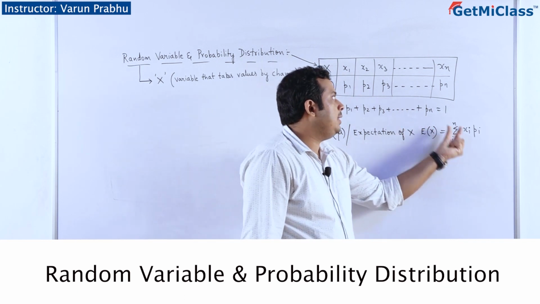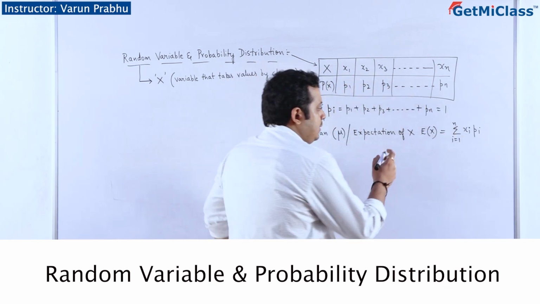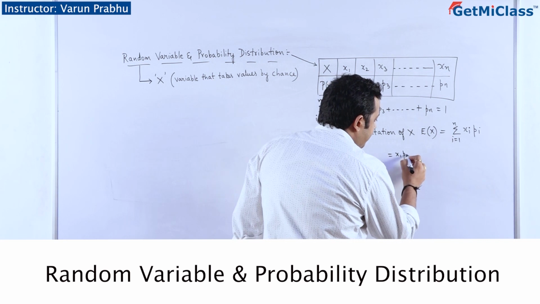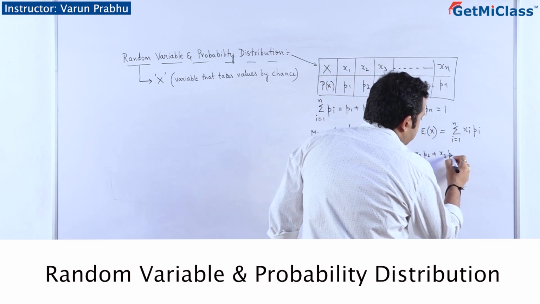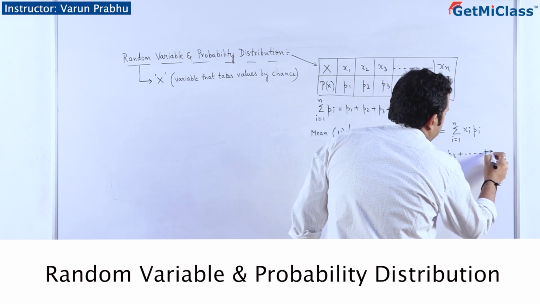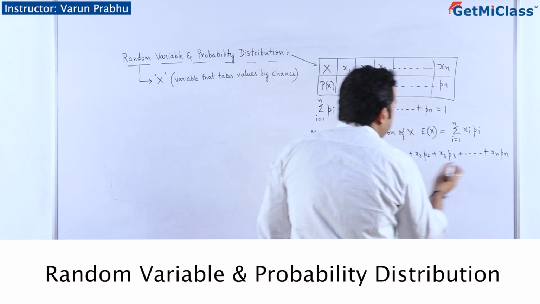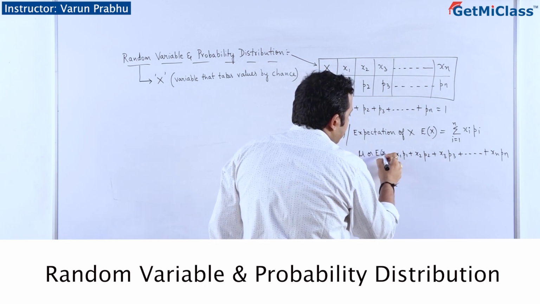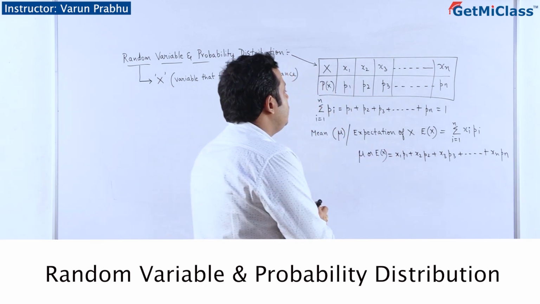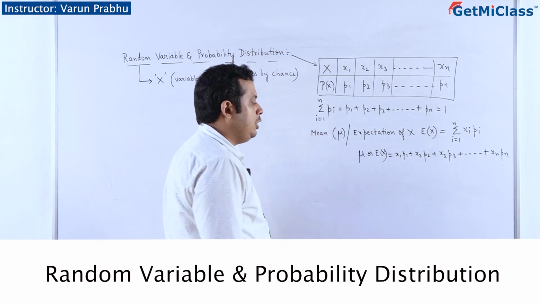First you multiply the respective values, x1 p1 plus x2 p2 plus x3 p3 plus so on up to xn pn. This is mu, which is equal to the expectation value of X. Do you get it? This is called the mean or expectation of X.